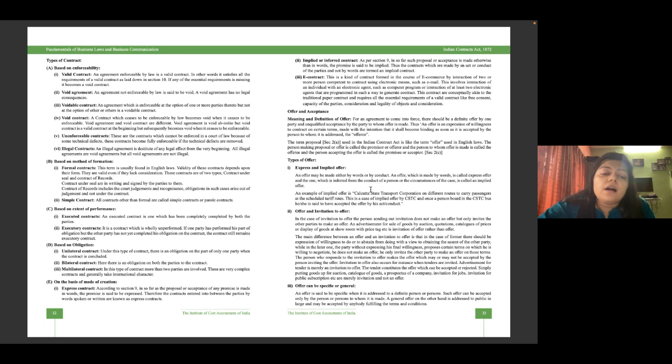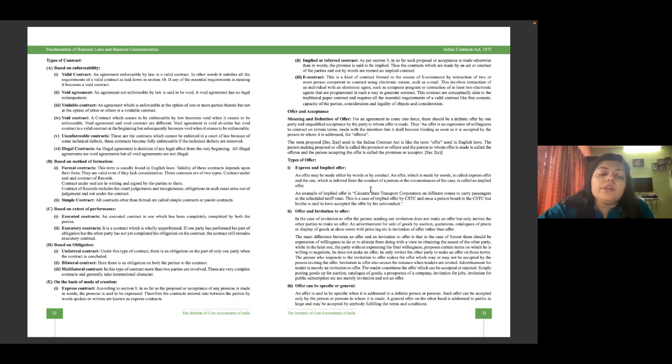Now, when we are talking about classification based on extent of performance, an executed contract is one which has been completely complied with, completely completed by both the parties.